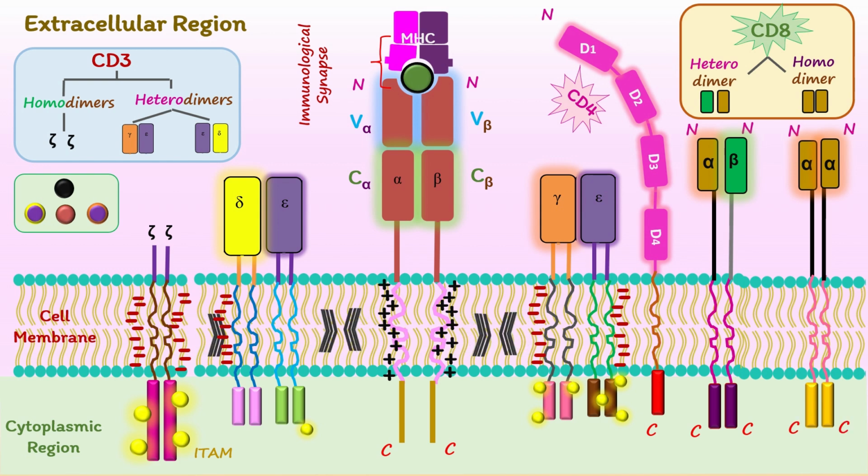These chains also have N and C-terminal. There are intrachain disulfide bonds in the CD4 co-receptor, while these are interchain disulfide bonds in the CD8 co-receptor, and these are intrachain disulfide bonds in the CD8 co-receptor. These components also help in T-cell activation.